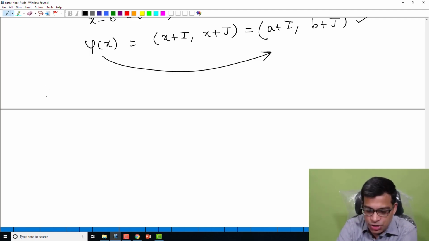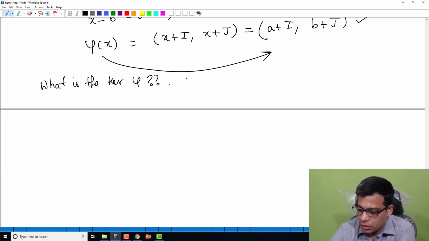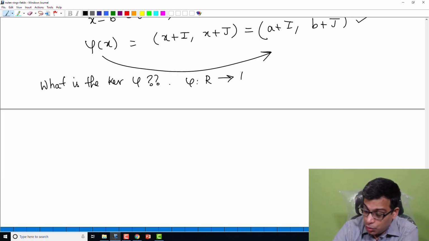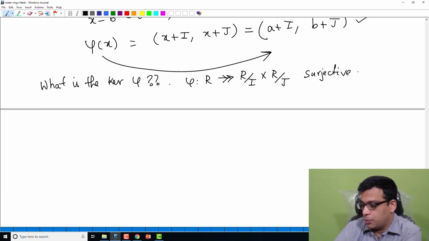As a bonus question, I am going to ask you, what is the kernel of phi? Remember, phi is the map from R to R mod I cross R mod J. It is a surjective ring homomorphism by the previous problem. So, what is the kernel?